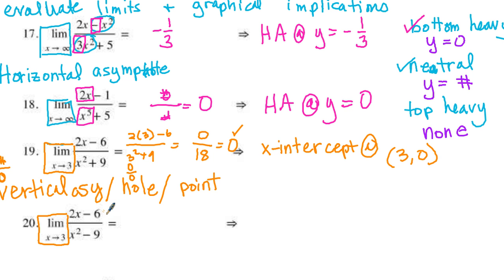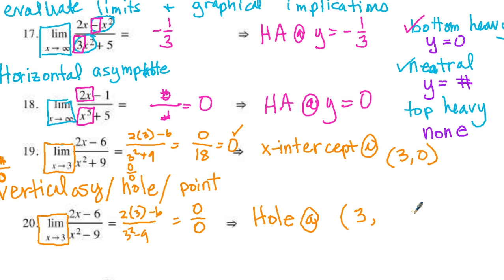Okay, on the bottom here, when we plug in 3, 2 times 3 minus 6 over 3 squared minus 9, we get 0 on top and 0 on bottom. Okay, and if we have 0 on top and bottom, that means we're going to have a hole at 3 comma something, and the question is, what will the y value be where that hole actually occurs?